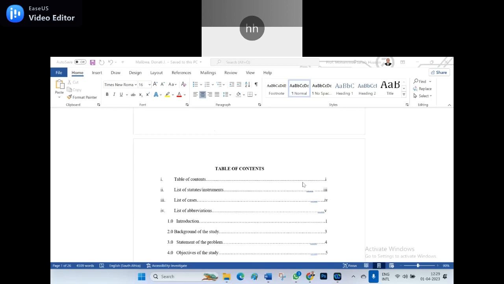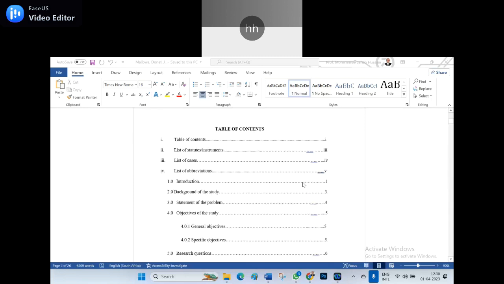When you write like that, you can write 1.0 or 1.1 introduction and 2.0 background of the study. No, when you write 1.0, 2.0, no. When you make it a research proposal, that is going to be Chapter 1, hence you have to write 1.